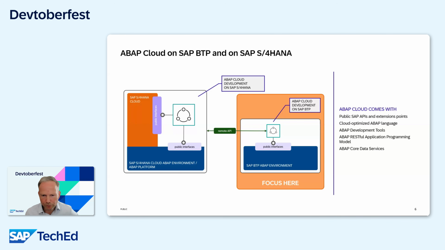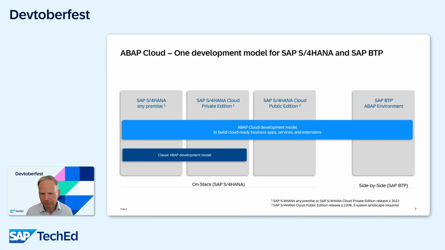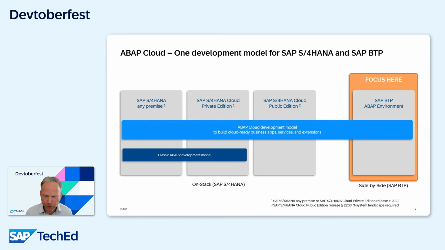We want to focus only on the BTP part of this side, but we also need to take into consideration that ABAP Cloud, which was introduced years ago, is a feature set which is delivered by different products, and one of these products is of course steampunk, which is ABAP in BTP.